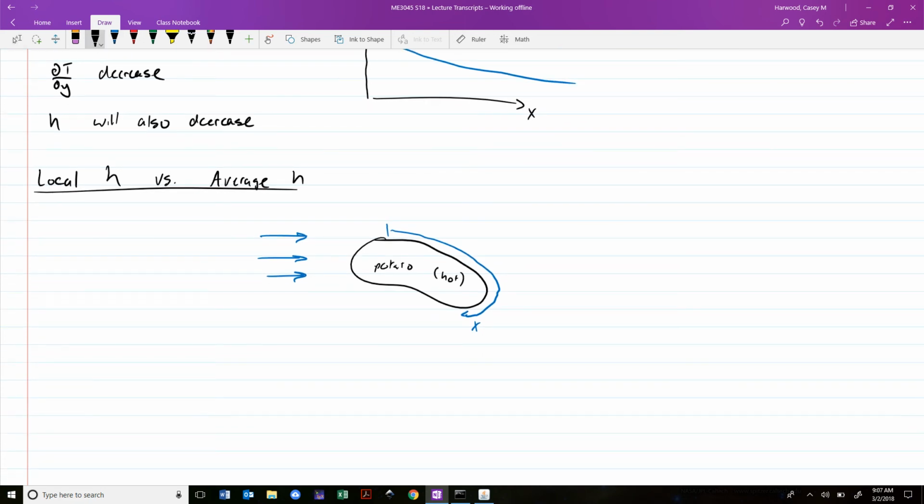We would say the heat flux at x would be written as q double prime x equals hx times (T potato minus T infinity). So at every position, it's a matter of the local value of h. That assumes that the temperature of the potato is uniform. Does this make sense? Everyone on board?